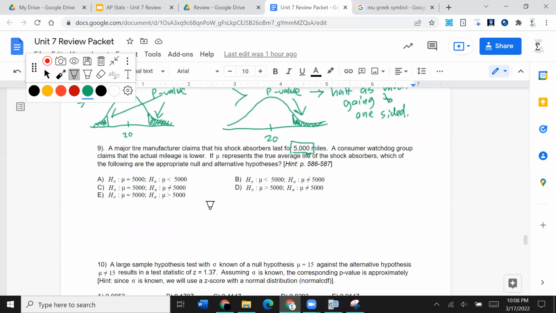The null will always be, again, equals. The true average life of shock absorbers is 5,000. We're trying to test to see if that mileage is lower. So again, we're trying to test the claim that the mileage is lower, less than. And it's as simple as that.